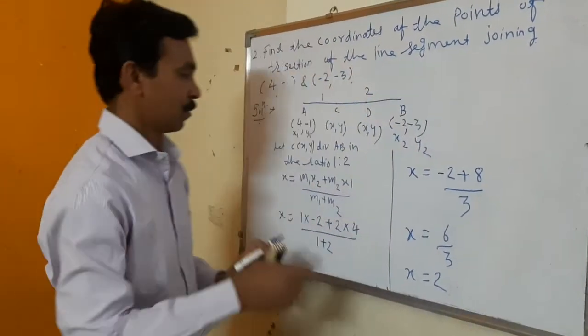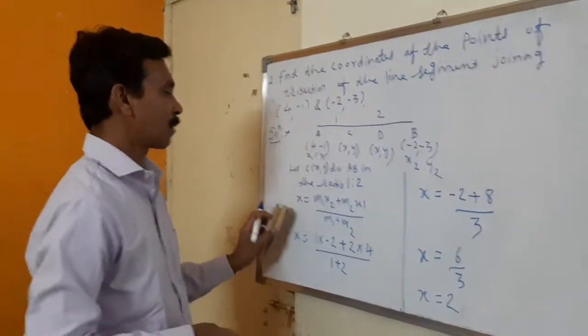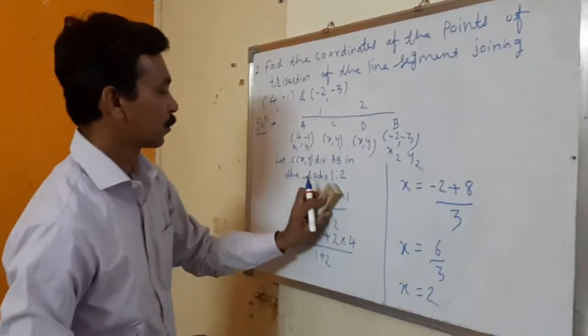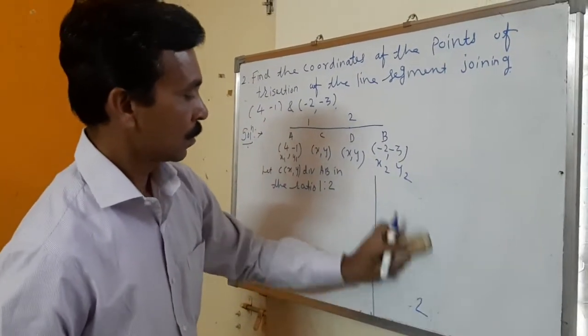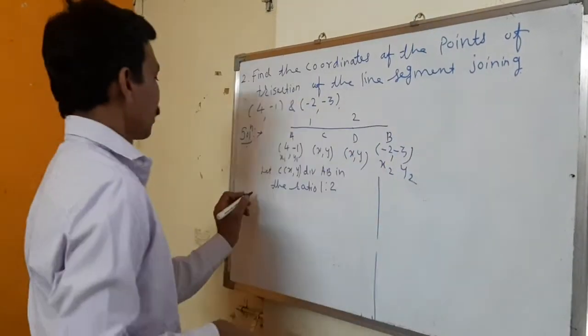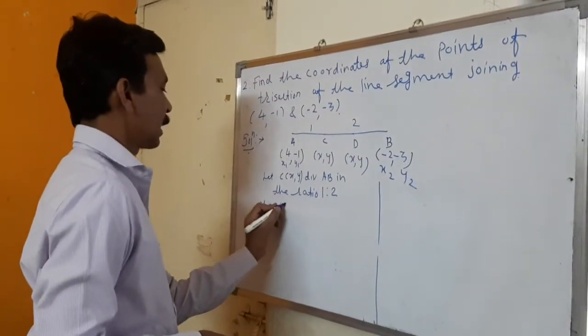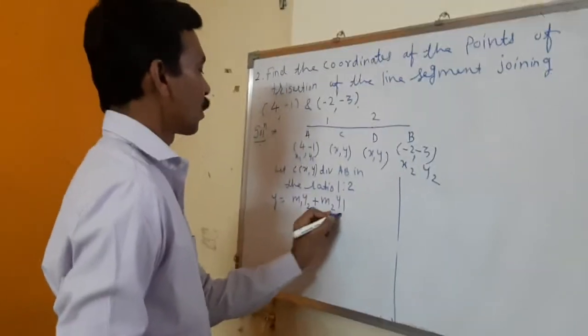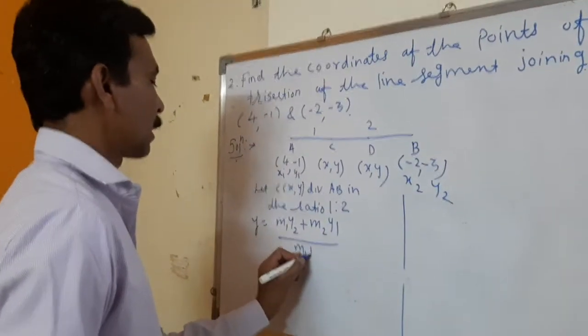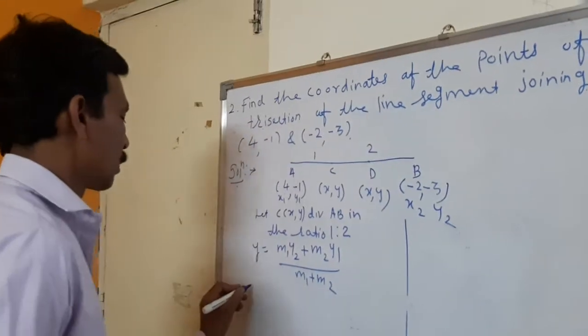Now what I will do? I'll rub this and then I'll write a formula for y. Y is equal to m1 y2 plus m2 y1 upon m1 plus m2.